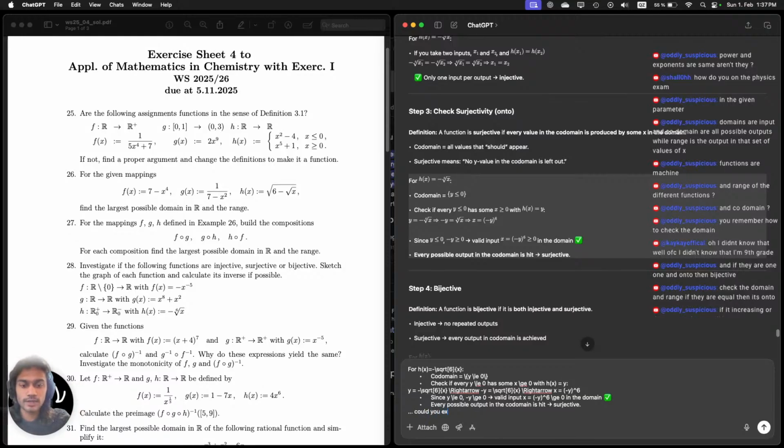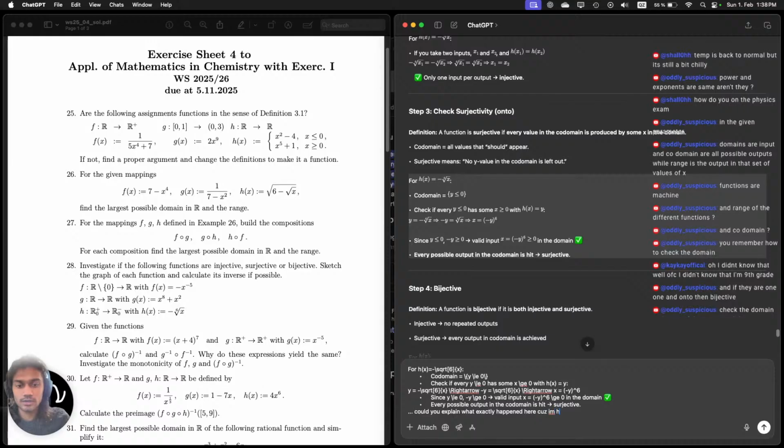Could you explain what exactly happened here? Because I'm having a slight hard time. Can you also use some examples to solve it?